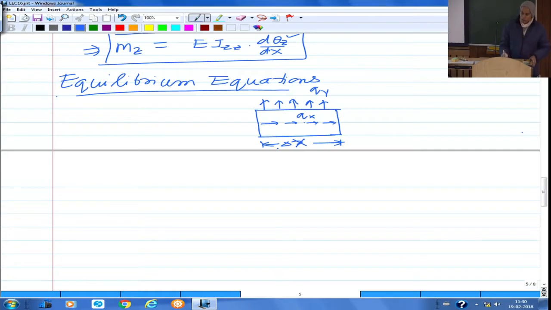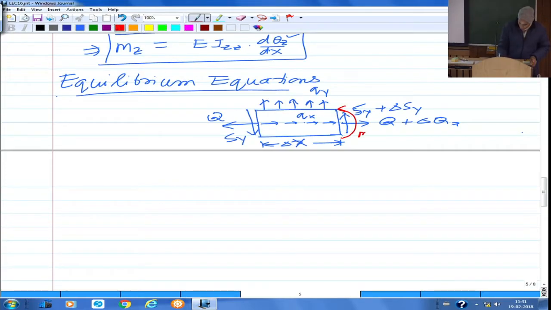Since we are trying to derive the differential equation, we take the separation between these two ends as a differential length dx. So I will show the axial force, let us say q here, and at this end it would be q plus delta q. The positive shear force here is sy, and here sy plus delta sy. The positive bending moment here is mz plus delta mz, and on the other end it is mz.